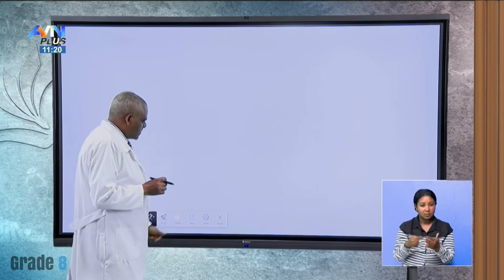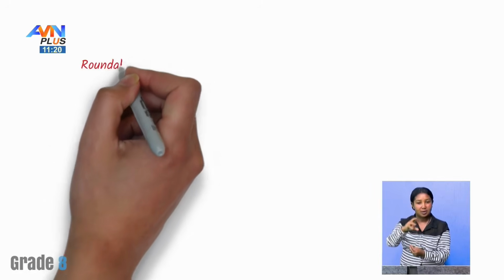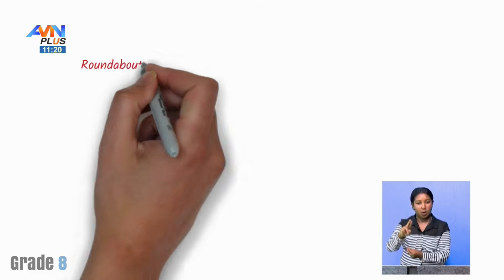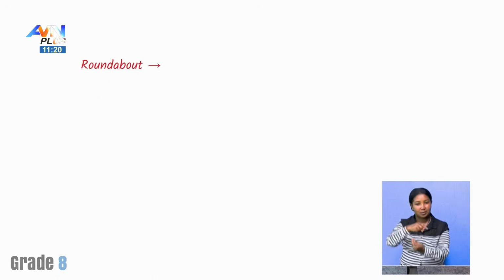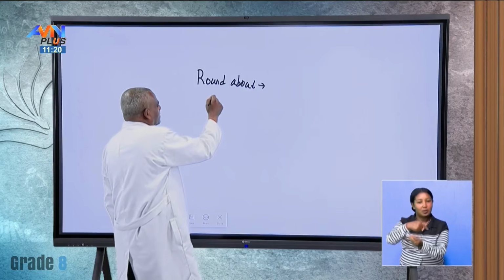So the first one is roundabout. I'm going to give you one sample example for this. Roundabout.